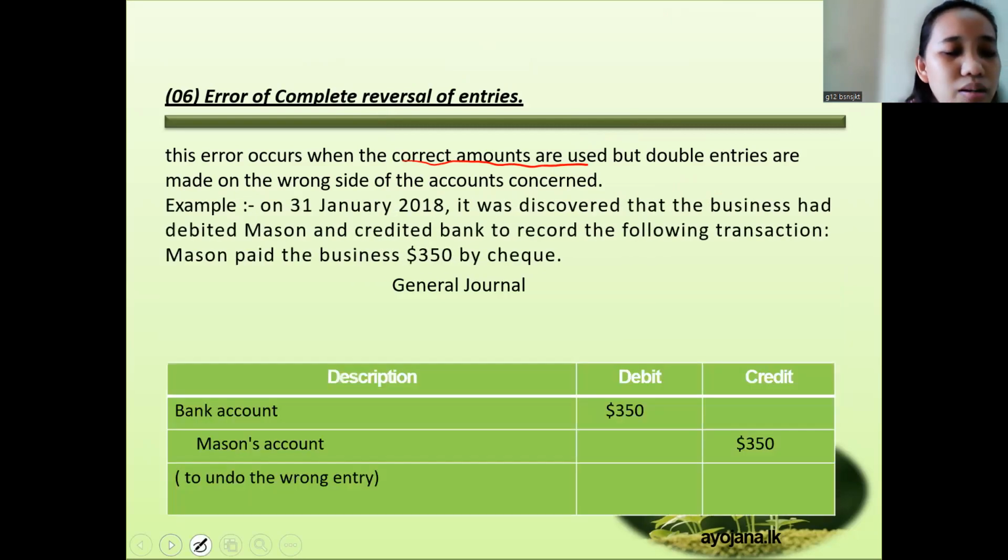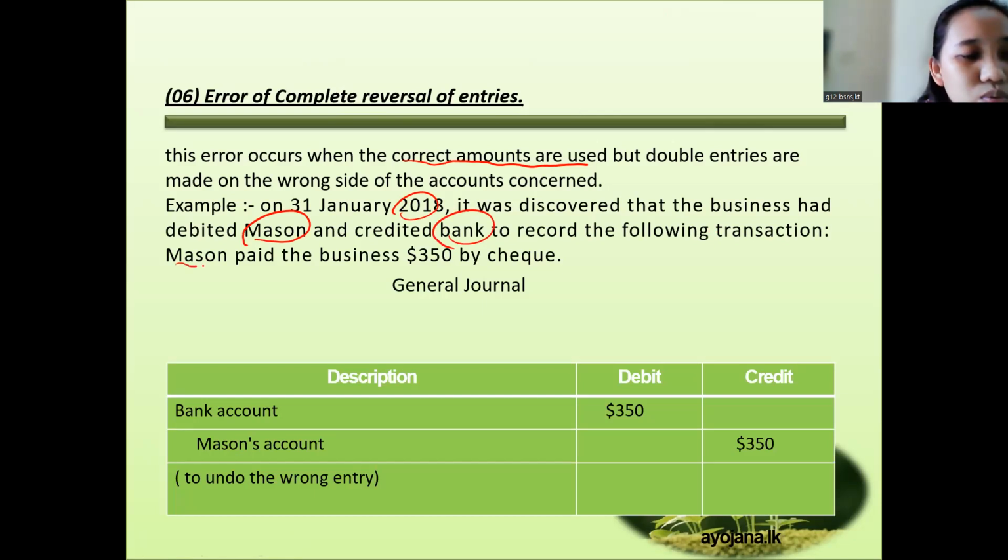So for example, on 1st January 2018, it was discovered that the business has debited Mason and credited bank to record the following transaction. So we need to know how to record this one rightly. The right entry for this one is Mason paid the business 3,050 by check.